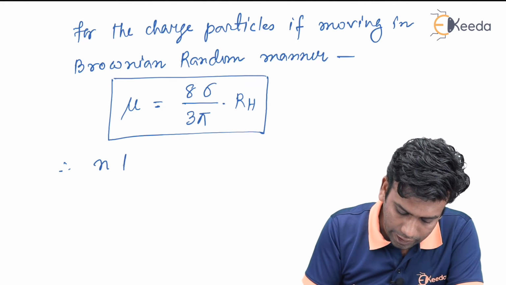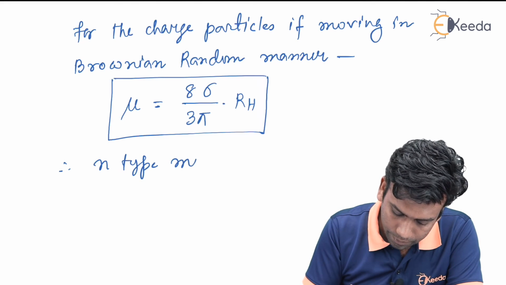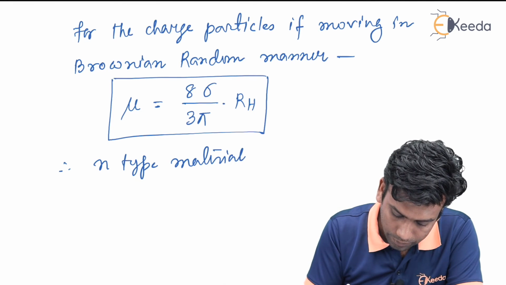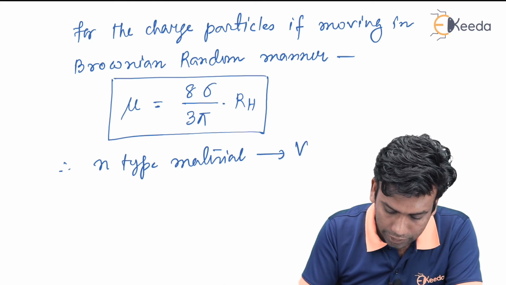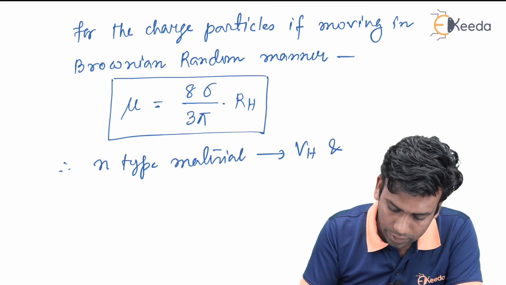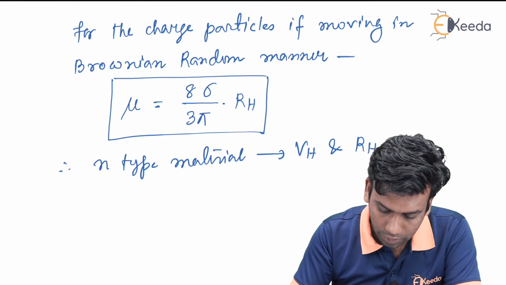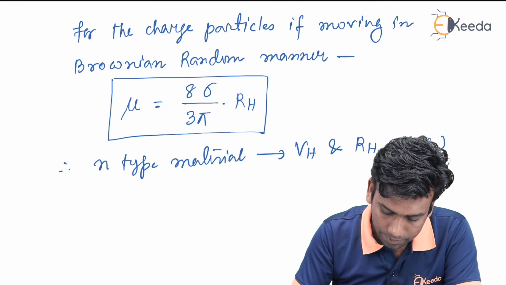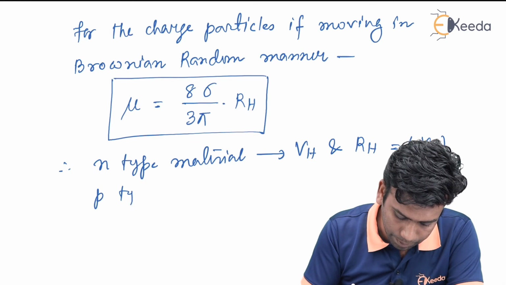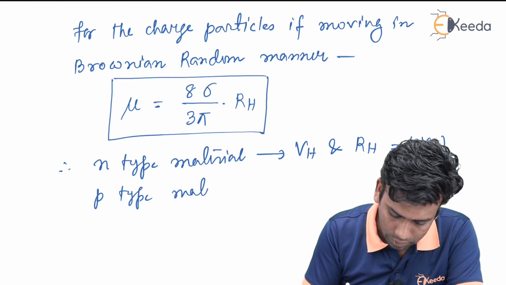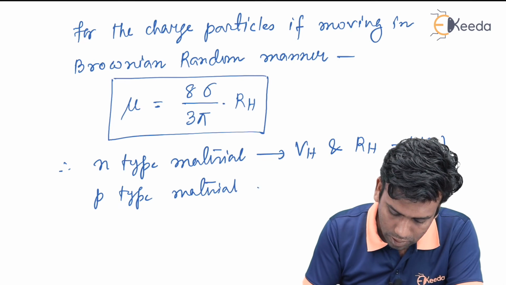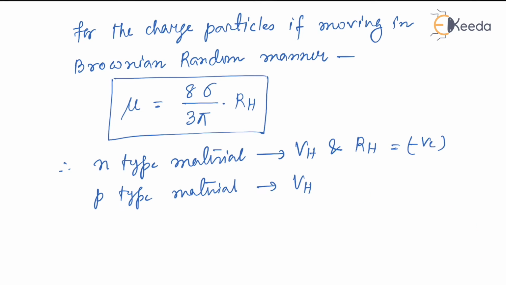Hence, for n-type material, the Hall voltage Vh and the Hall coefficient Rh are always negative, and for p-type material, the Hall voltage Vh and the Hall coefficient Rh are taken as positive.